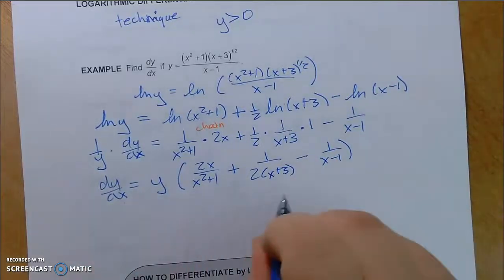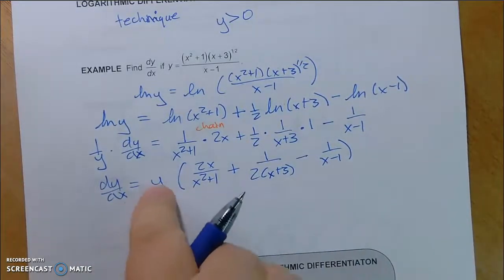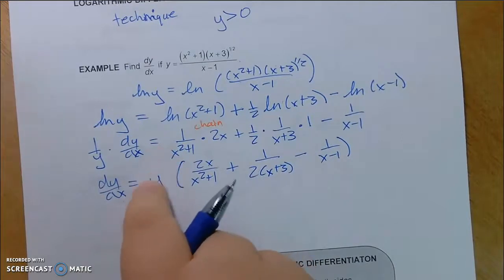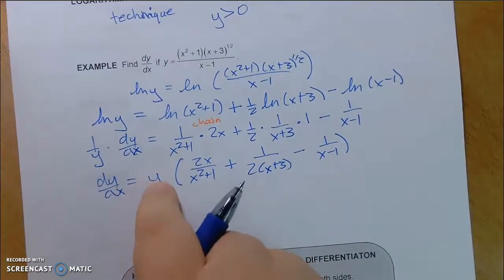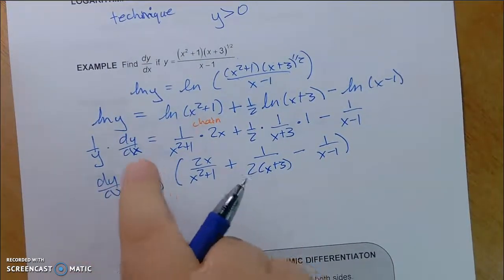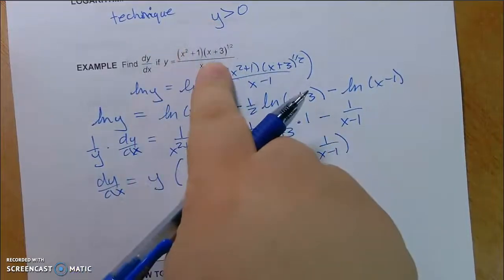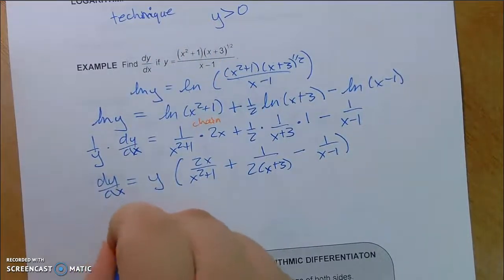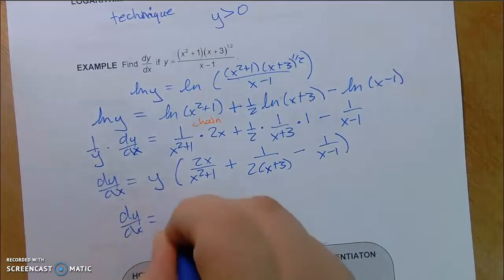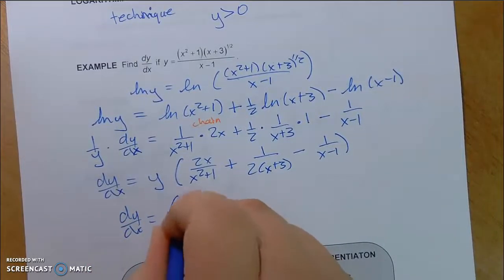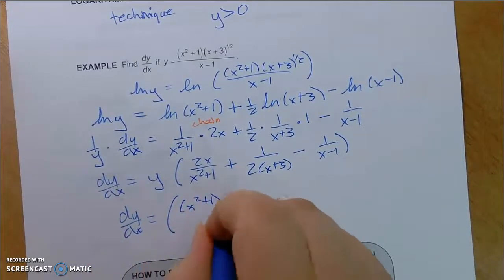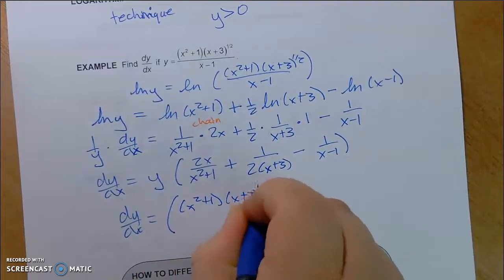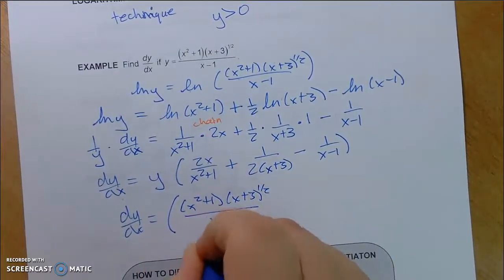Okay, we're almost there. The only problem is that we have a y. If we can change that to be in terms of x, we're good. Well, luckily we can, because that's what the original problem was. So dy dx equals, and then we'll write the original, x squared plus 1 times x plus 3 to the 1/2, all over x minus 1.